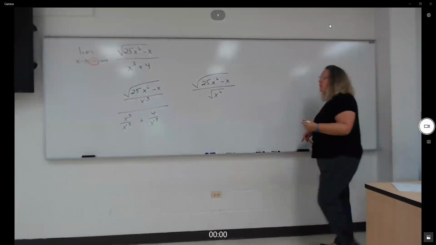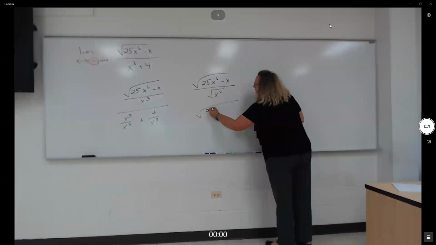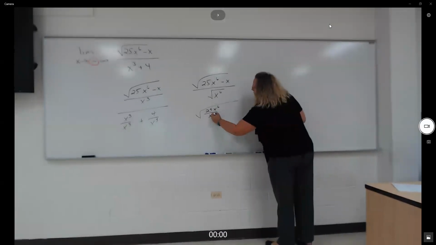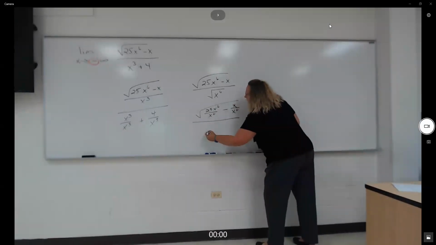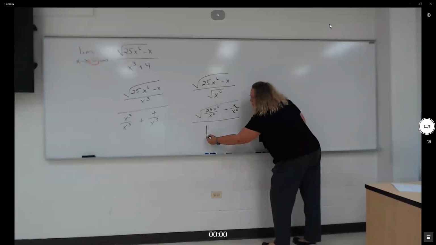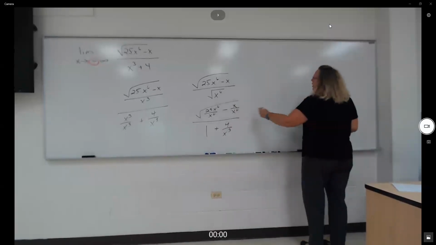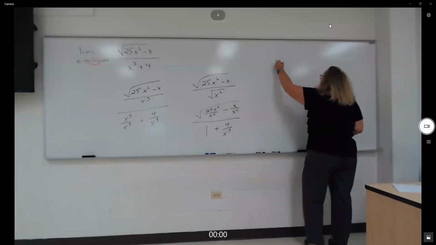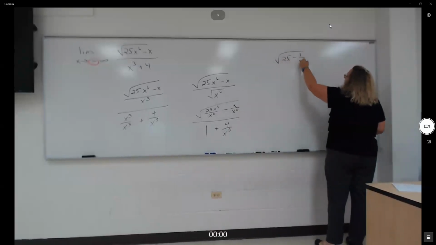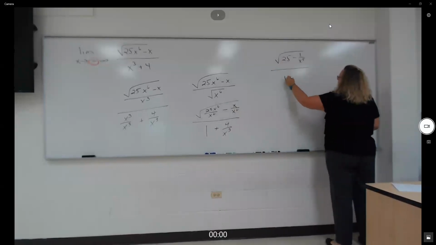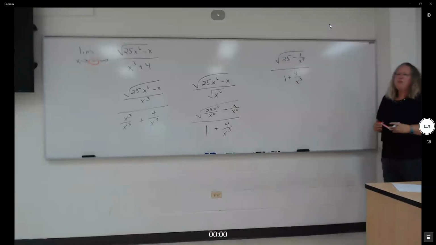Now, everything turns out the same. So I would do 25 over x to the 6th, over x to the 6th. All that turned out the same, and actually I could even change this already to 1 and 4 over x. So these cancel: 25 minus 1 over x to the 5th, and everything else is the same.